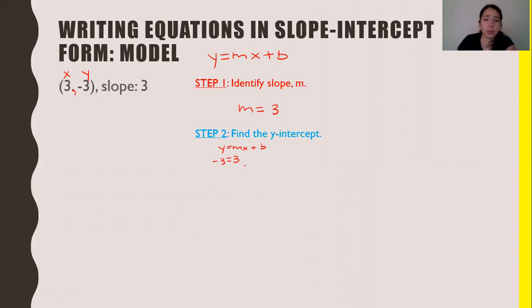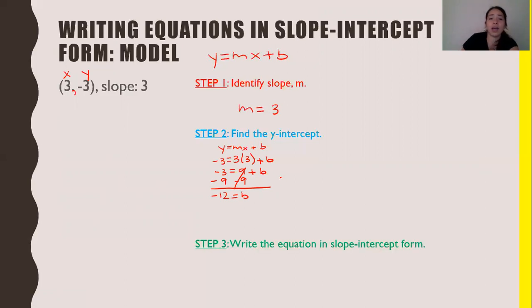Where x goes, I'm going to plug in 3. But remember, I do have to put it in parentheses. And that'll give me my y-intercept. So -3 is equal to, what's 3 times 3? That's 9. I want to get b by itself, so I subtract 9. Whatever I do to one side, I have to do to the other side. That cancels out. That leaves me with -12 is equal to b.